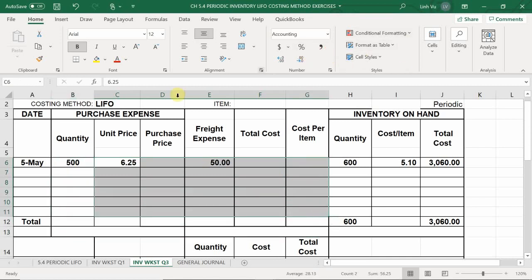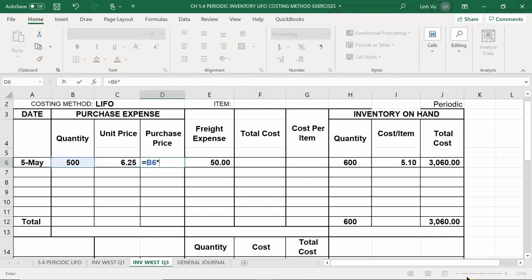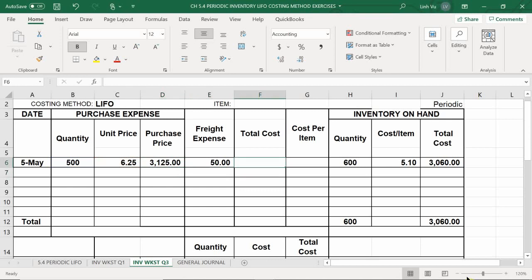What's my total purchase price? $3,125. $3,125 plus $50 of freight gives me a grand total of $3,175.